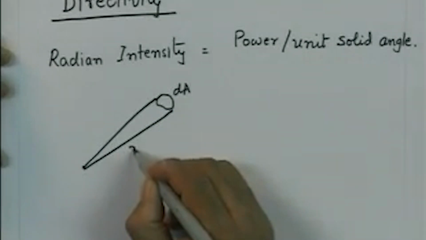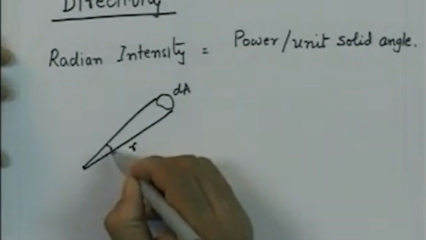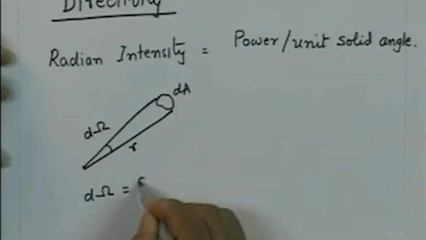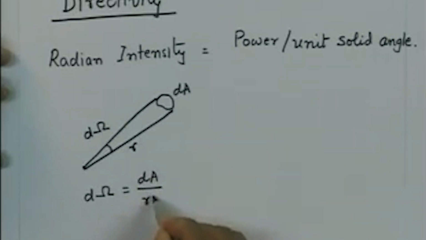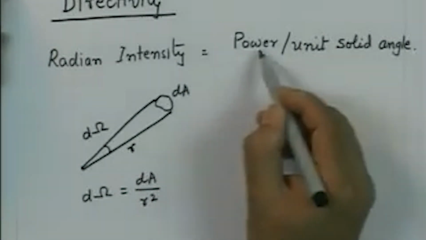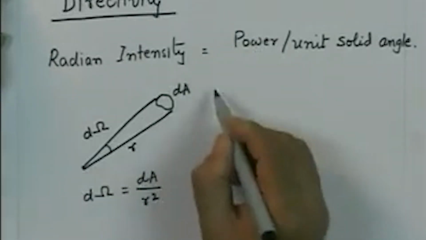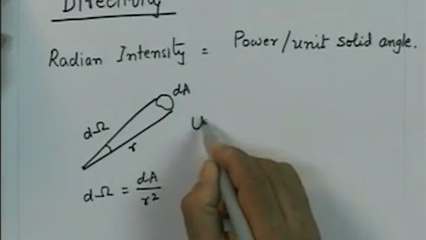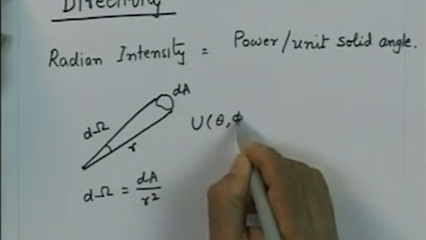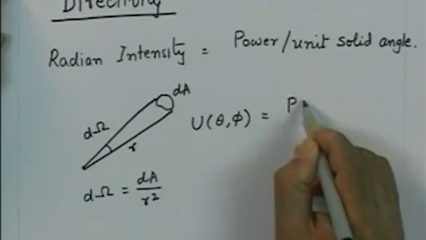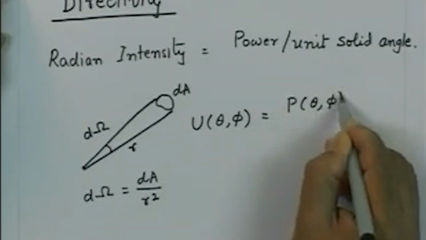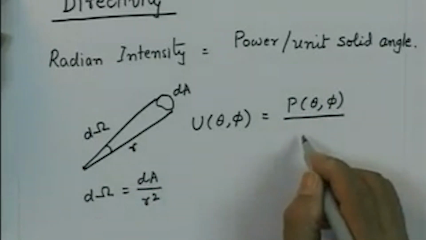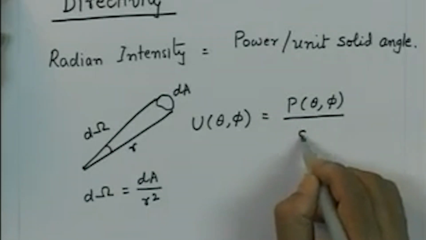If this distance is r, this solid angle d omega is equal to dA upon r square. So if I know the power in a particular direction theta phi, this quantity radiation intensity, let us call it U of theta phi, will be the power in the direction theta phi divided by the solid angle d omega.